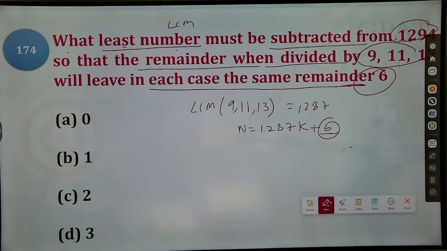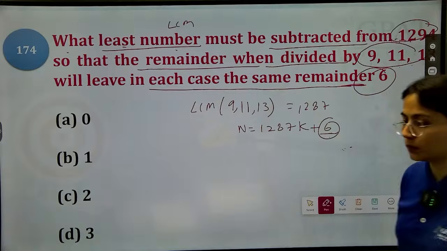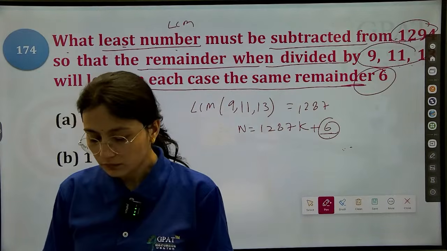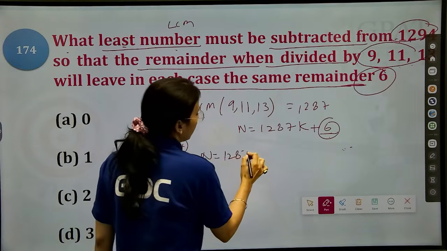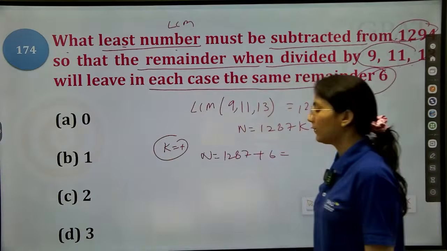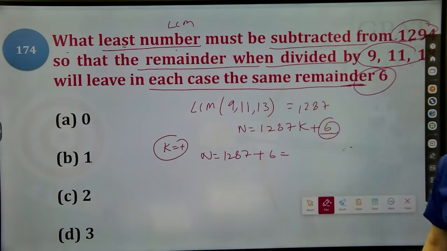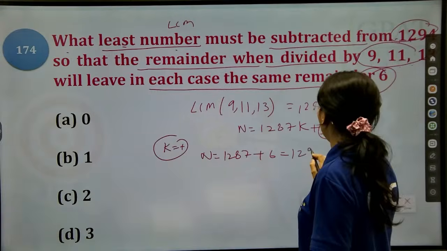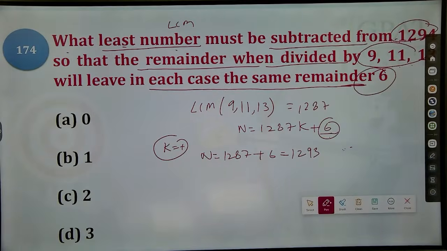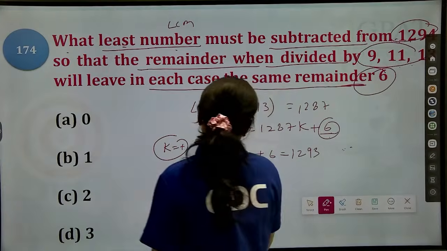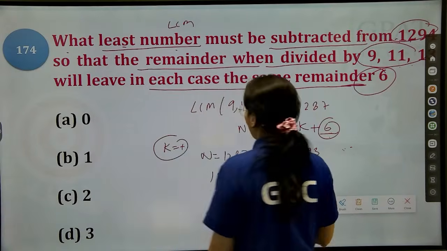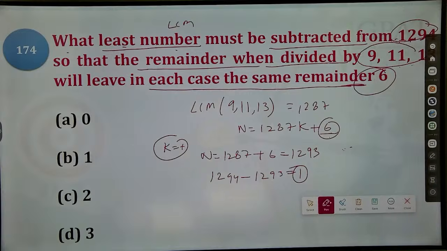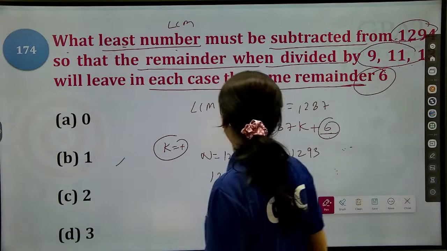If we subtract 1293 from 1294, we will get 1. So 1 is the answer. That is option B.